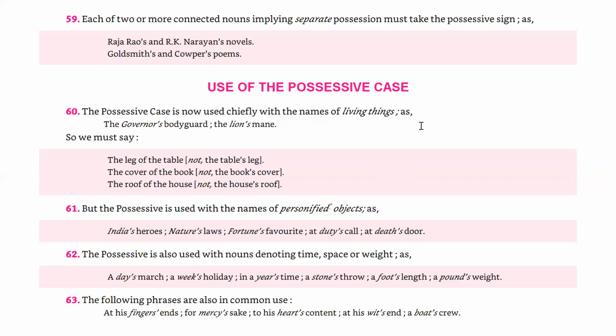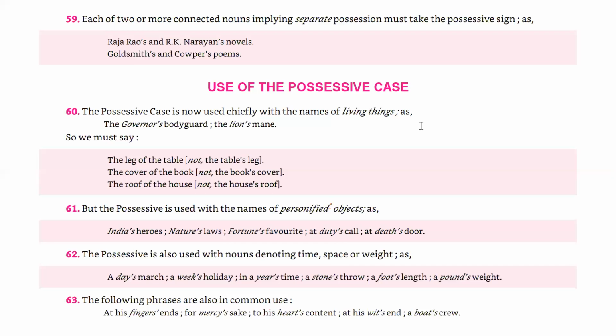But don't say the table's leg, because table is non-living. You should say the leg of the table. Don't say the book's cover. You should say the cover of the book. Don't say the house's roof. Rather speak the roof of the house.